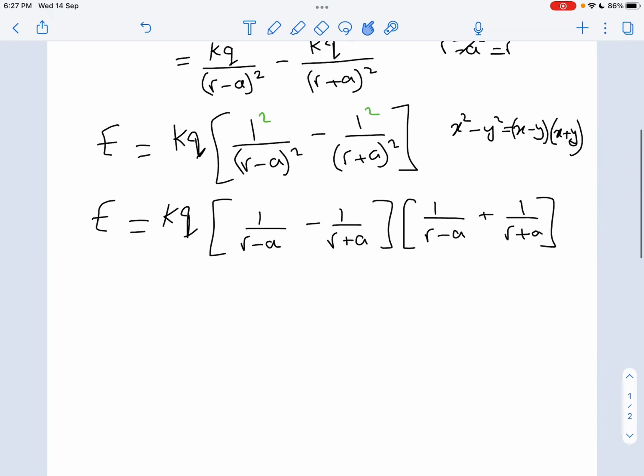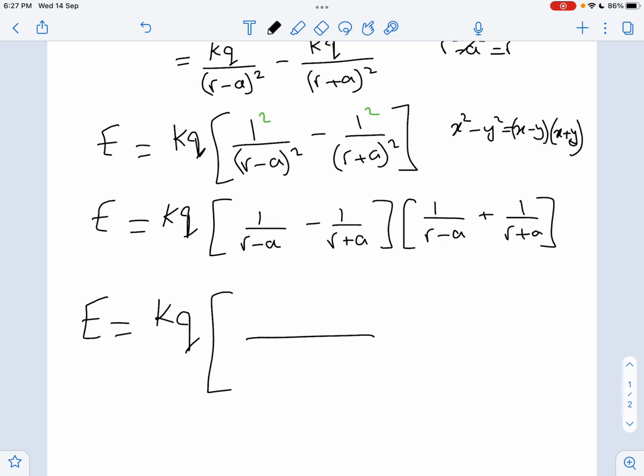Now, let's simplify and see what we will get. So E is equal to KQ. Now, r minus a and r plus a, I can take also another common denominator here, which is r minus a into r plus a, which means I'm multiplying here by r plus a, and here by r minus a, up and down. Okay, that's what I'm doing.